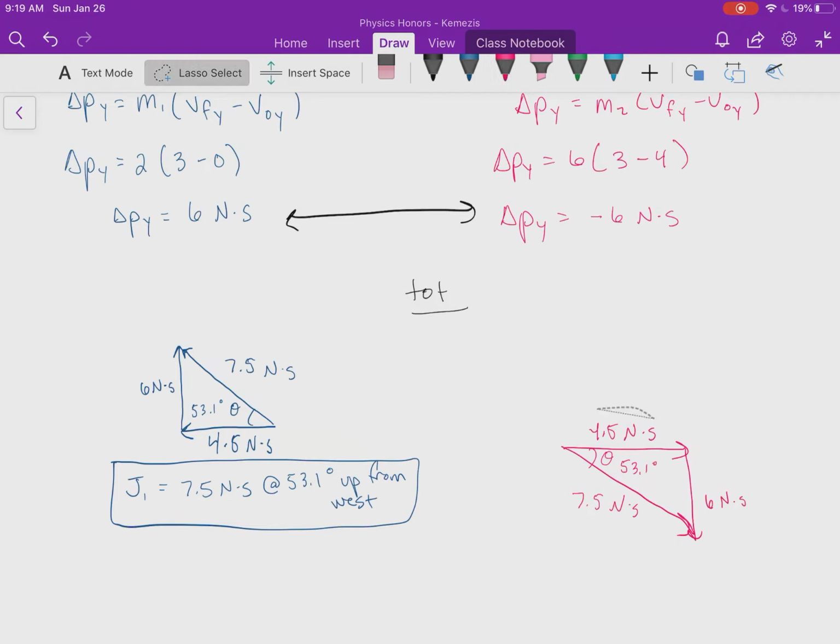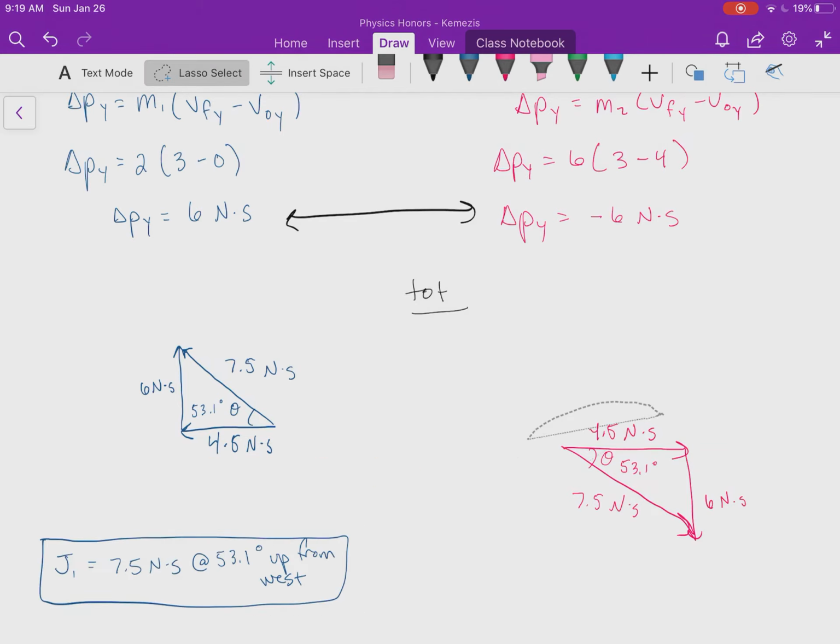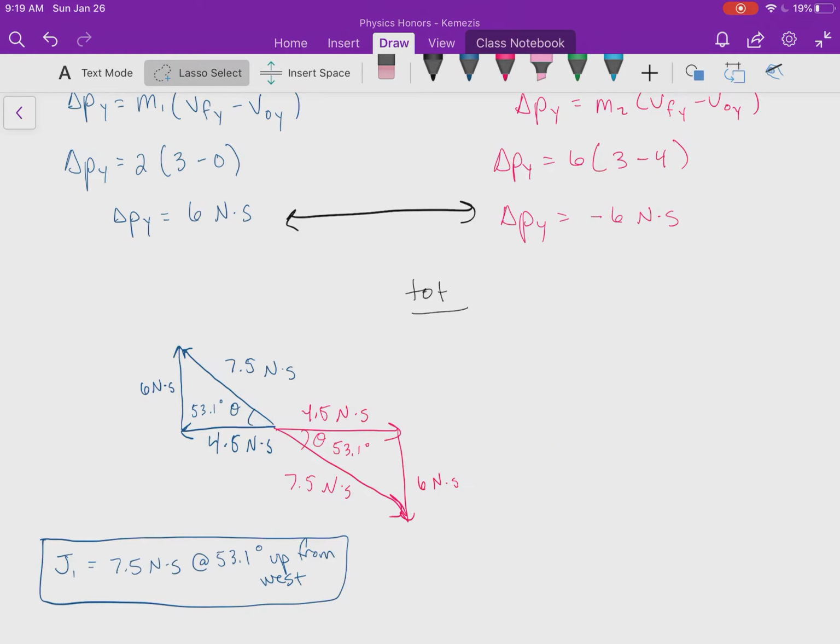Now, if we put these two triangles together, they are opposite of each other, 180 degrees away from each other, which in a 360-degree world is the opposite direction.